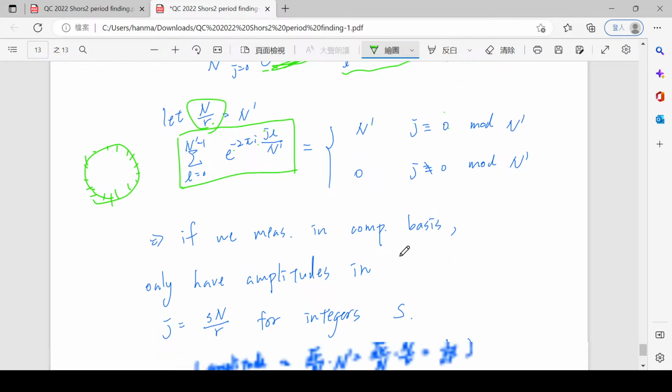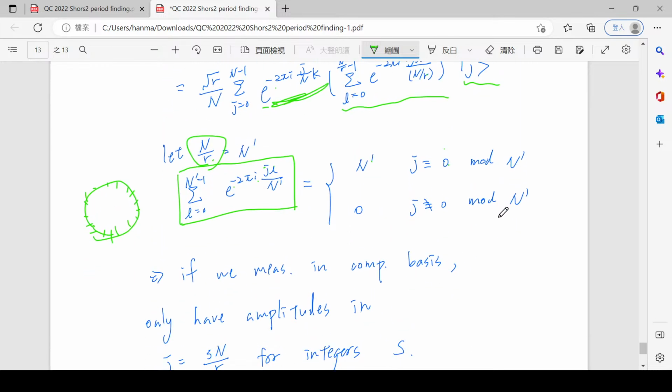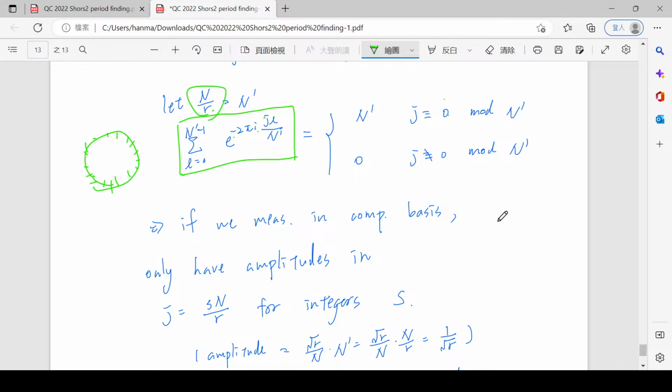And for the others, all the J that have amplitude will have this form. It should be a constant multiple. We call the constant S because this matches the notation from previously. So some integer S multiple of n prime, and now we give back n prime equal to n over r.